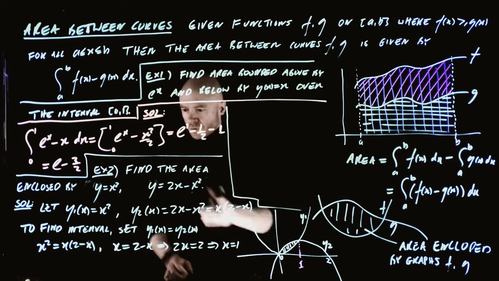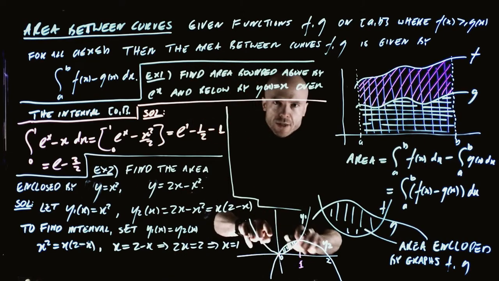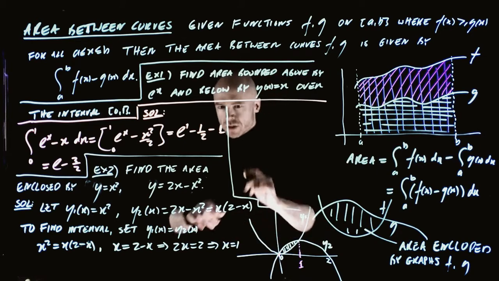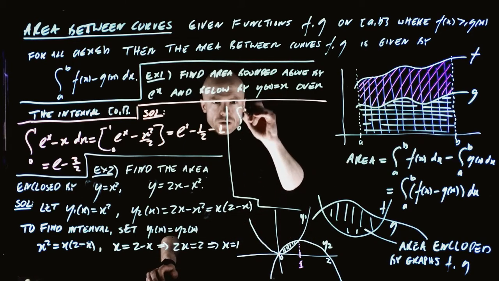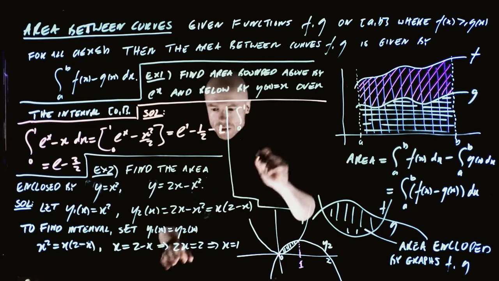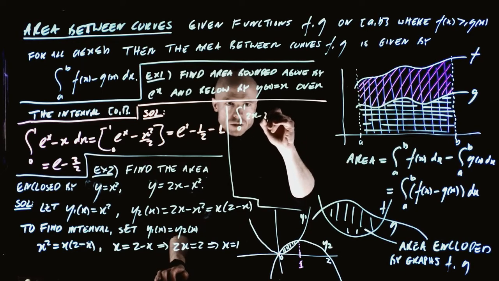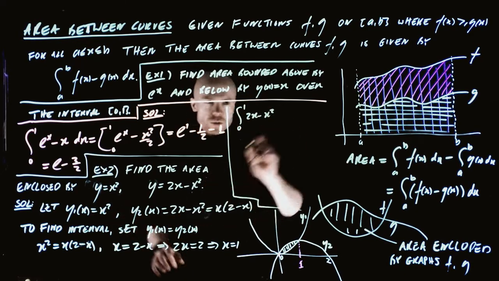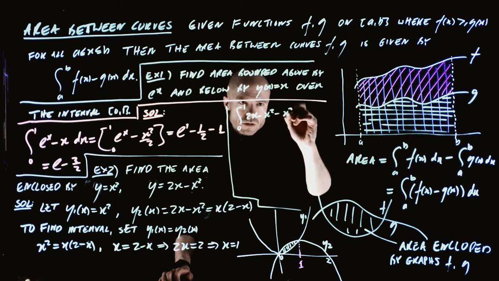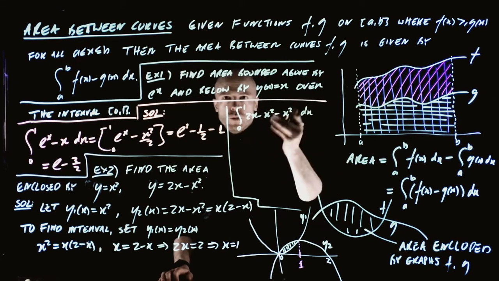Okay, so from the picture, for sure we know that y2 is bigger than y1 over this interval that we're interested in. So we set up the integral, it's from 0 to 1. We're going to put y2 here, which is 2x minus x squared, minus y1, which is given by this. And that thing has to be the area, right?